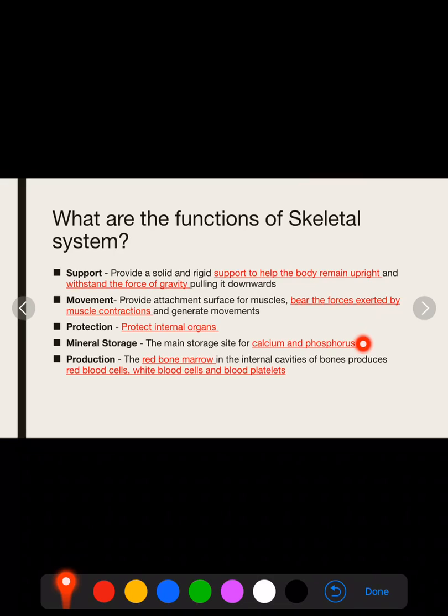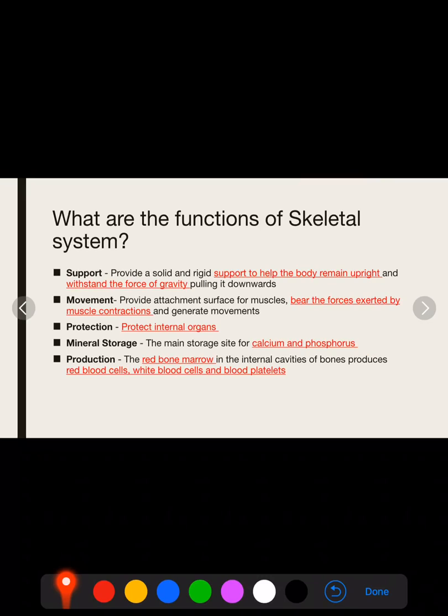The next one is mineral storage, because the bones are formed by calcium and some minerals. So this is storage of minerals.